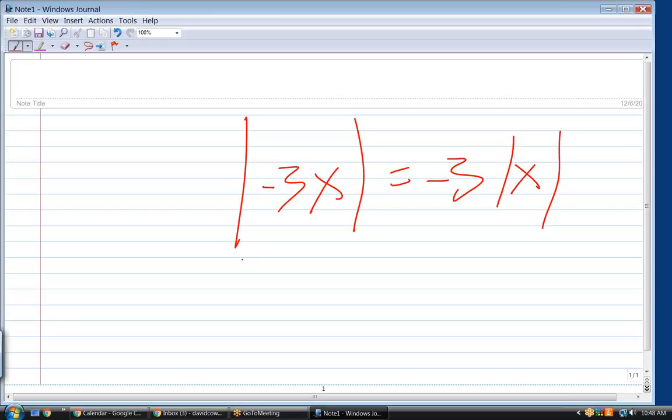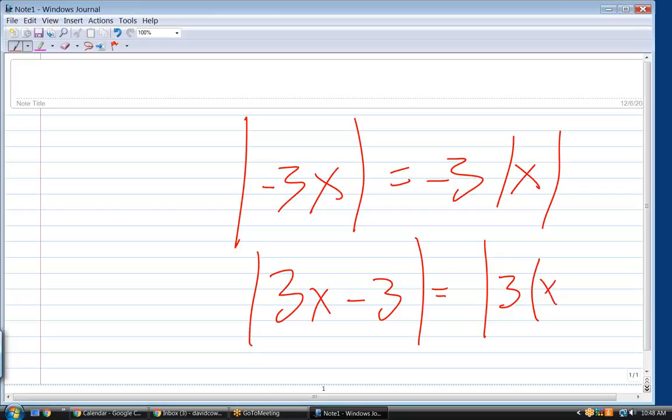Now, it's a little different if it's this. Now that's not the same. Now I can't take that 3 outside. But notice what I can do. I can factor the 3, leaving x minus 1. And now I can take the 3 outside. Oh, okay.